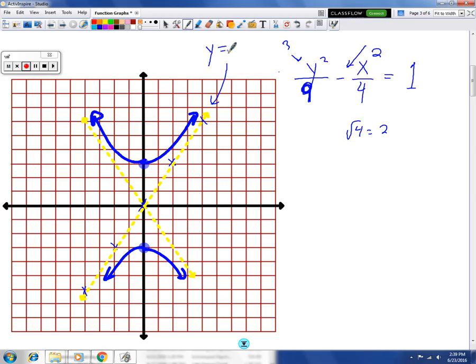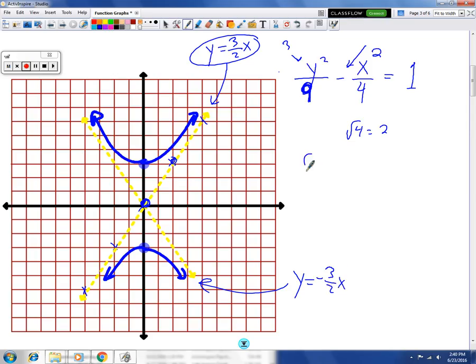Find the slope from the origin to this corner right here. You went up 3 and right 2, so it has a slope of 3 over 2 x, and it goes through the origin, so no y-intercept. The other one is very similar, but the slope is negative 3 over 2.